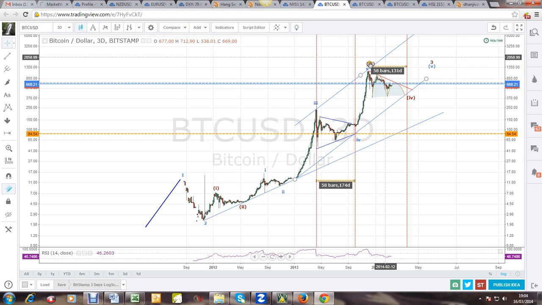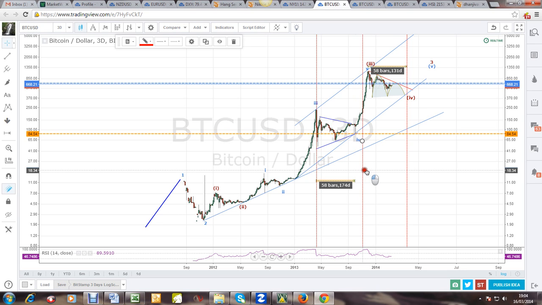So if this is the wave 3 in bracket, we would expect wave 4 in bracket, and therefore that wave 4 in bracket is some form of symmetrical triangle, and an outcome would be that we will resolve this to the upside.